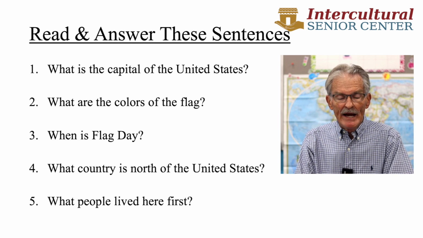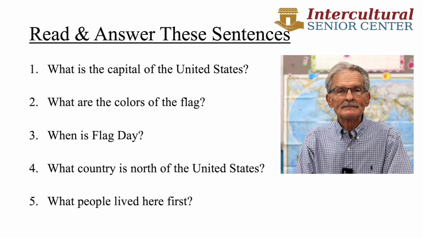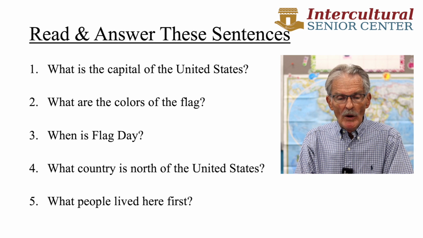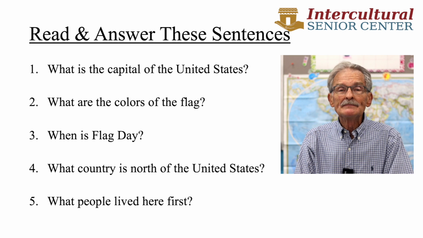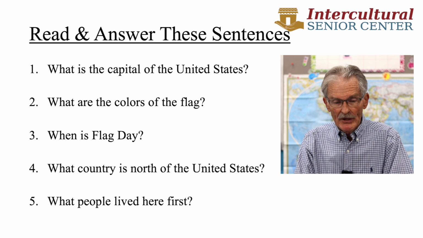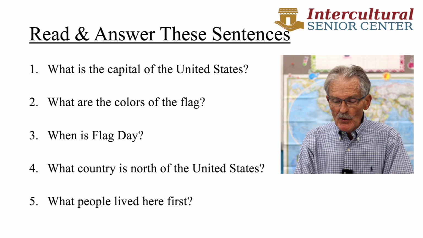And now read number five to yourself. What people lived here first in America? And those would be the American Indians or Native Americans, right? I bet you got all these correctly, didn't you?